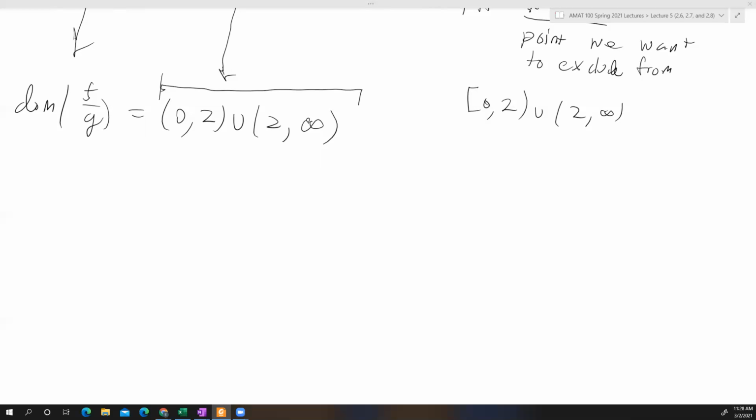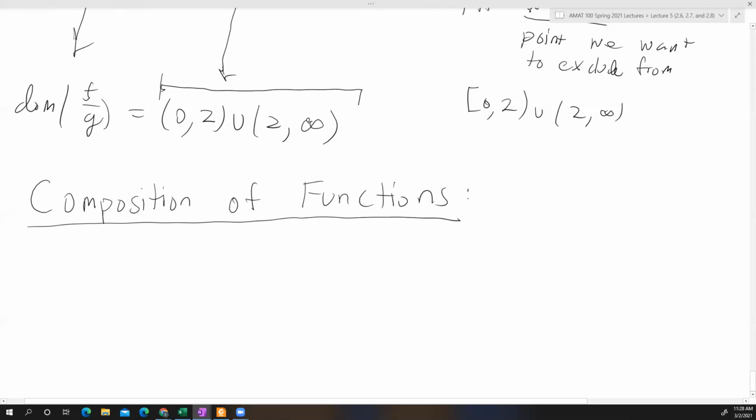So the next thing I want to talk about is composition of functions. And this is not quite like what we've seen so far, but it's not too bad. The idea is that in those definitions I gave above about arithmetic operations on functions, you were basically applying the rule of f and g simultaneously.